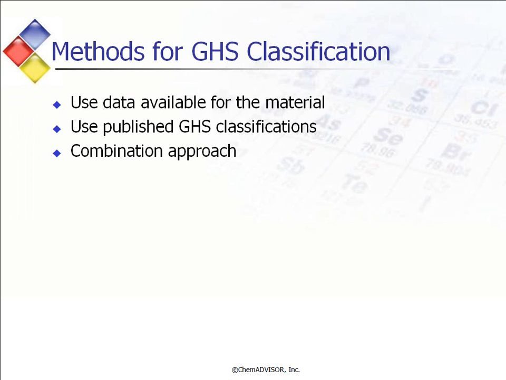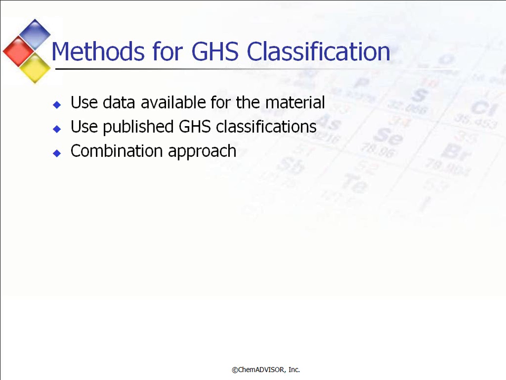So once we have our data, the first thing is to gather all the available data, which includes the specific data endpoints as well as published classifications, as well as that other relevant data that I mentioned, looking at the skin notations, the ozone depleters, the endocrine disruptor lists, and our physical hazards, not just for physical hazard endpoints, but also to support the classification for health and or environmental toxicity as well.